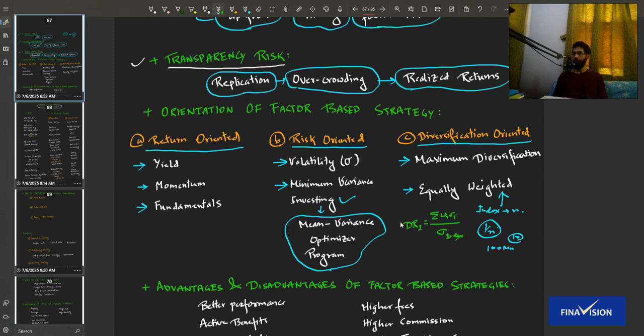Right? This is the diversification ratio. And the objective of a maximum diversification strategy is to maximize this number. So in the maximum diversification strategy, we are trying to maximize the diversification ratio.